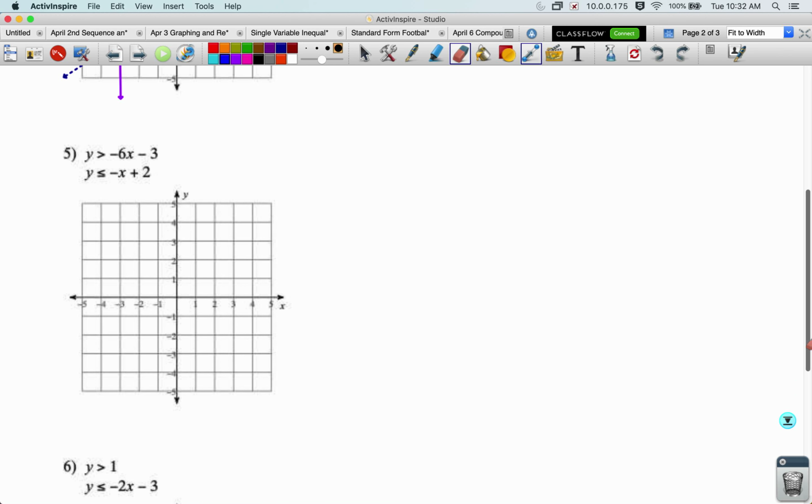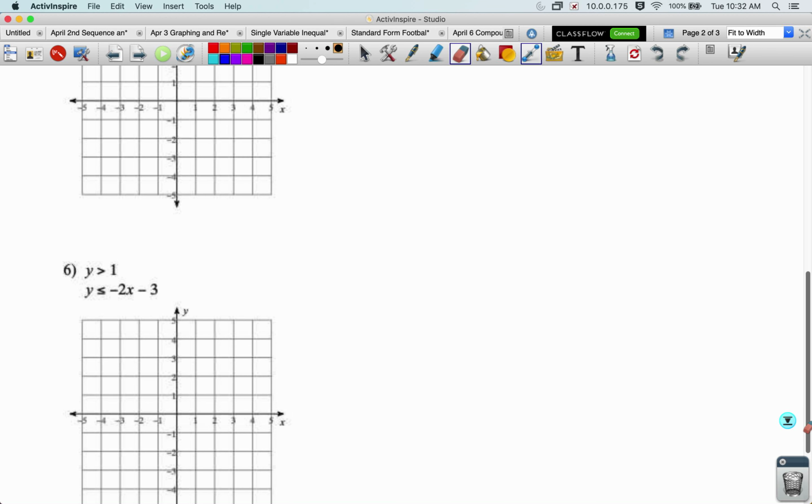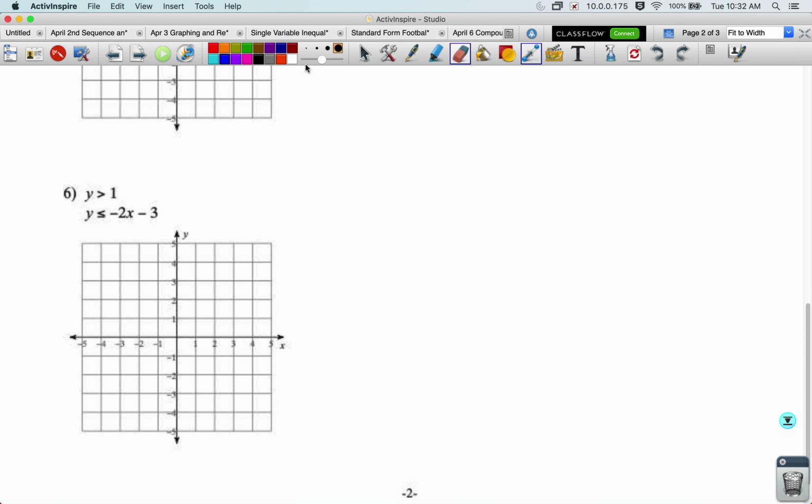We'll skip 5. If you've printed this, you can try 5 on your own. We'll do 6 because it's got that y equals, just to remember how to do that. So y is greater than 1. Y equals equations create horizontal lines. This one's going to cross the y-axis at 1. So it's horizontal. No slope to this. It's like it's y equals 0x plus 1.